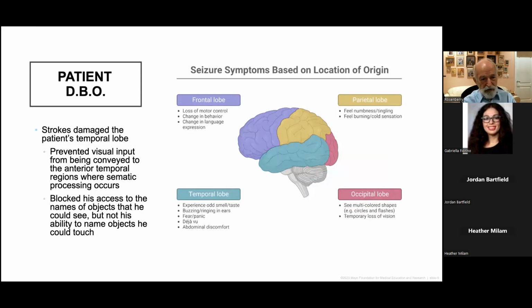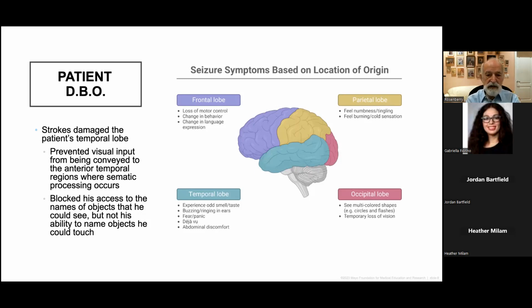Patient DBO, for example, was damaged by a stroke in the temporal lobe, which prevented visual input from being conveyed to the anterior temporal regions where semantic processing occurs. And that was where the stroke occurred, in the temporal lobe, and it blocked his access to names of objects that he could see, but not his ability to name objects he could touch.